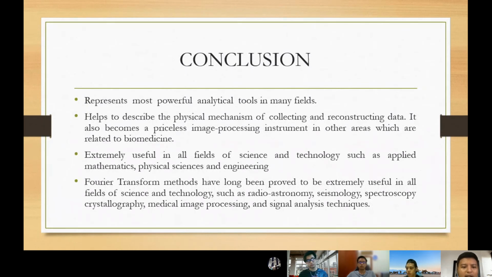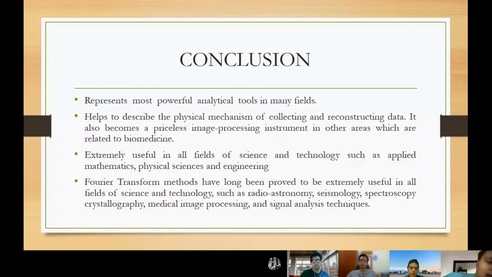The Fourier transform method has long been proved to be extremely useful in all fields of science and technology, such as applied mathematics, physical science, engineering, radio astronomy, seismology, spectroscopy, crystallography, medical image processing, and signal analysis techniques.